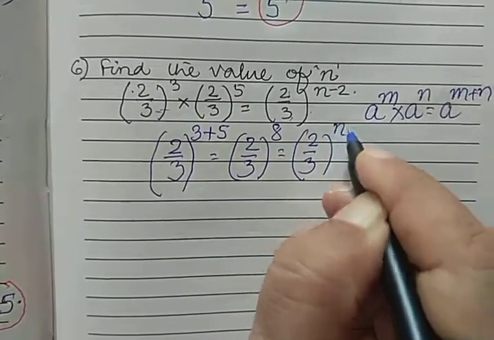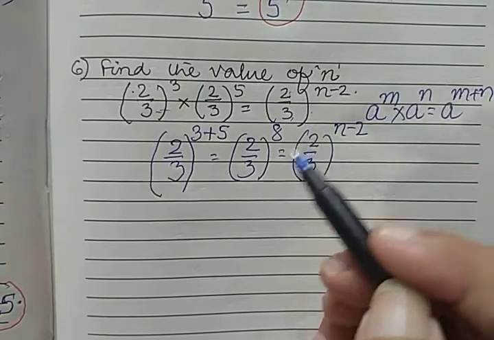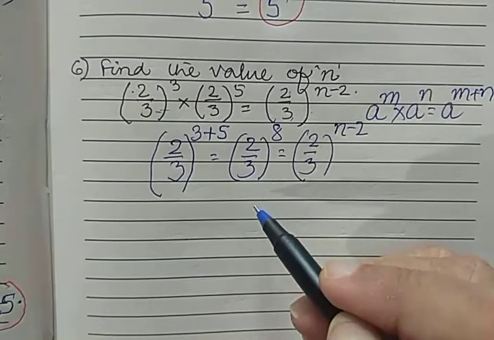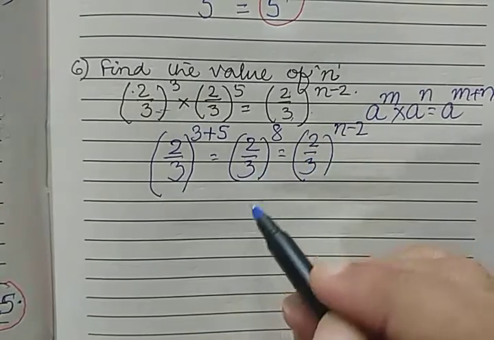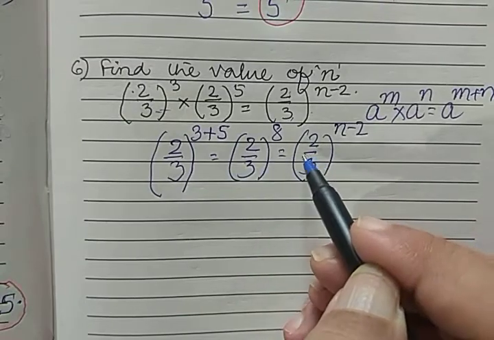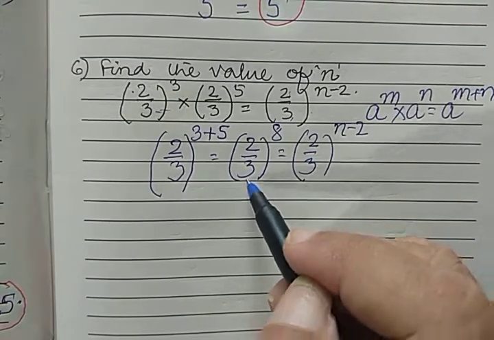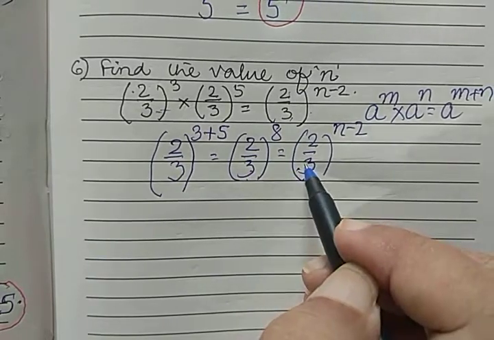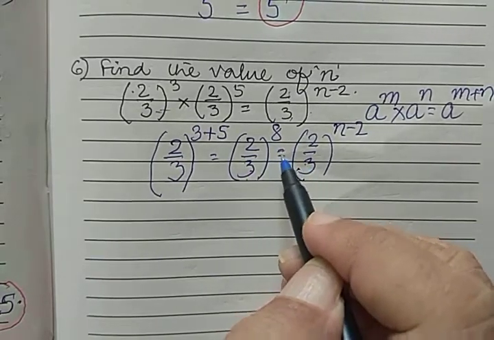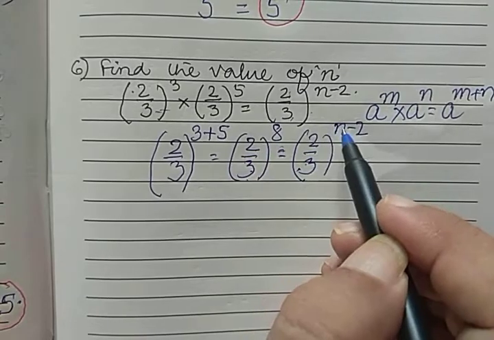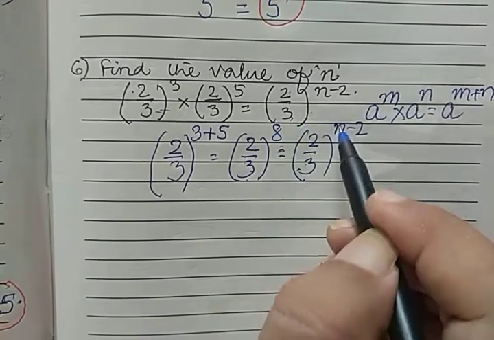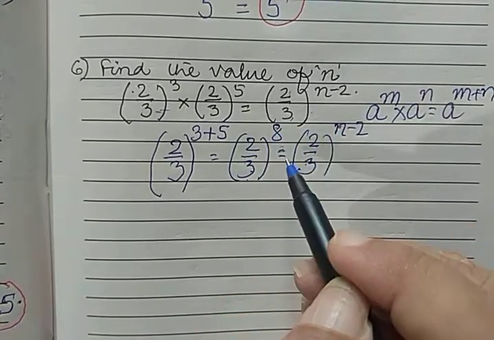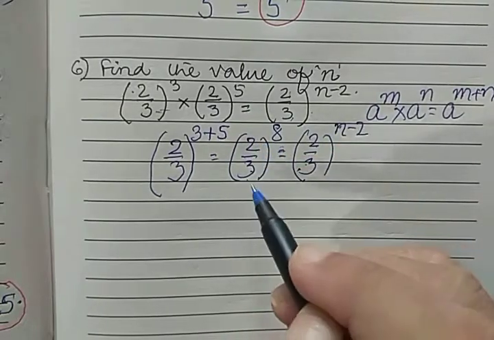Suppose you have two exponents having the same base, and you have the sign of equality in the middle, then their exponents should be same. Let me tell you once again.